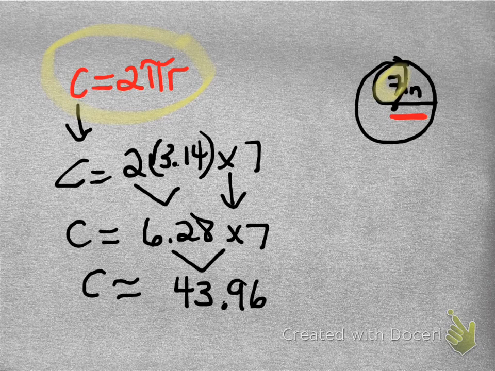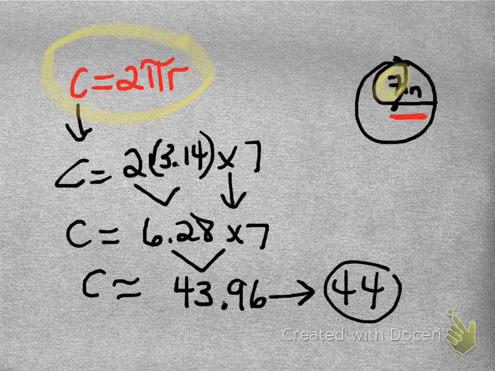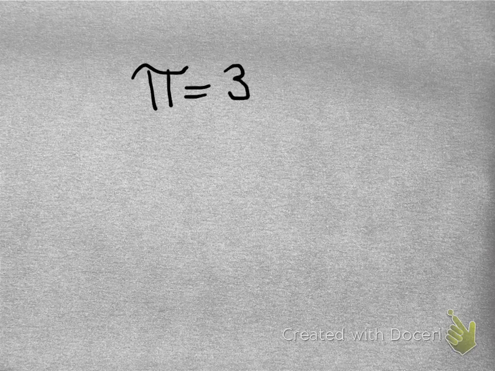Now, since I used radius here and my answer was 43.96, in the book they might have you round to the nearest whole number and then your answer would be 44. I also want to give you a tip that in the book you will find that they will also use pi. We said pi equals about 3.14.